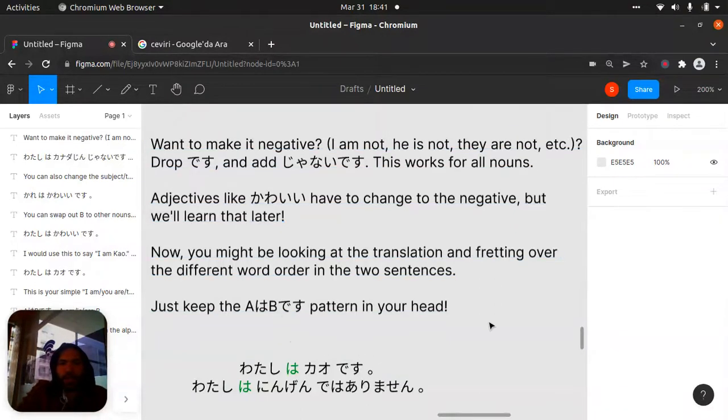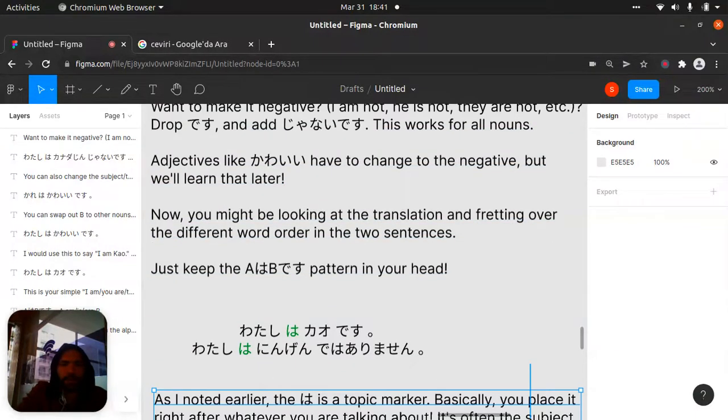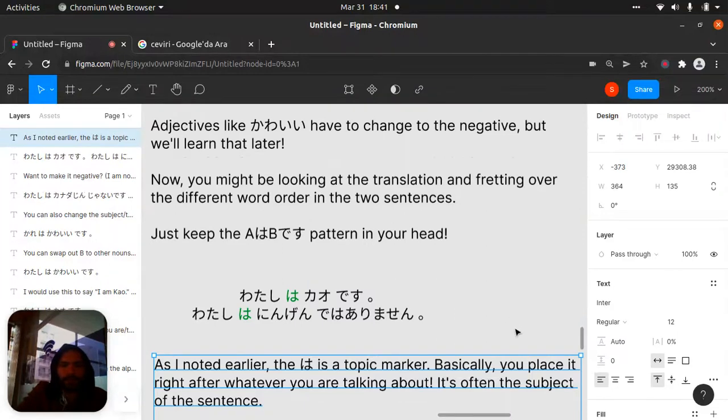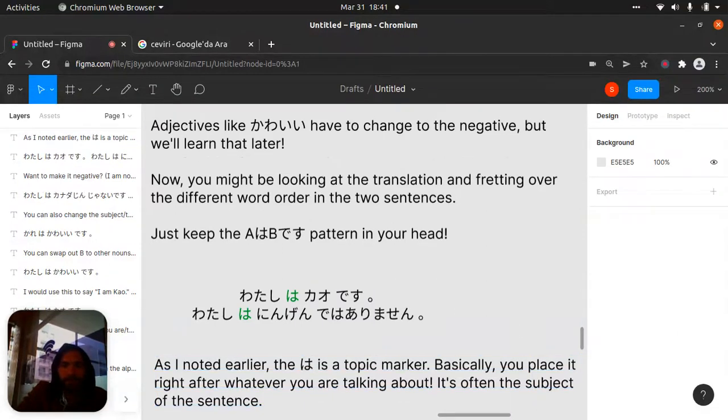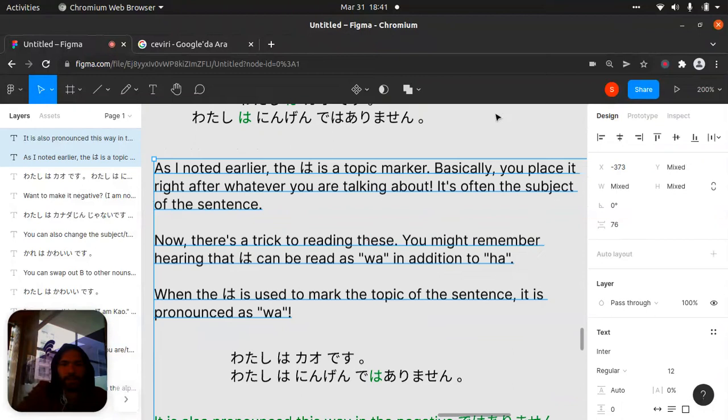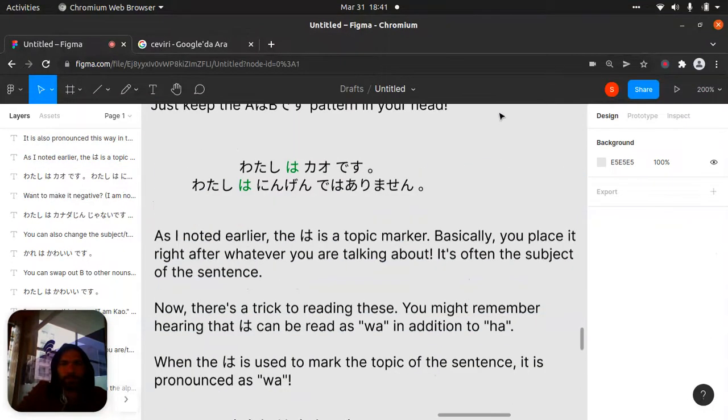Now, as I told you, just keep the A wa B pattern in your head. We already know what it is, and I will go into details later. Let's go a little up, sorry. Watashi wa, what is it?